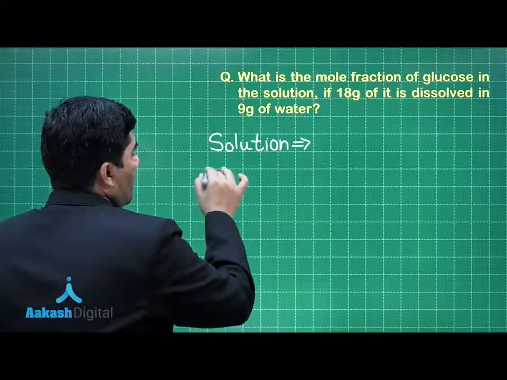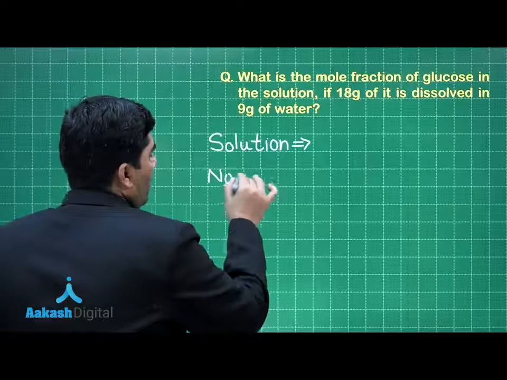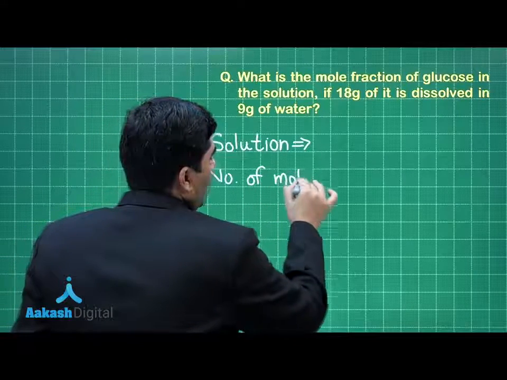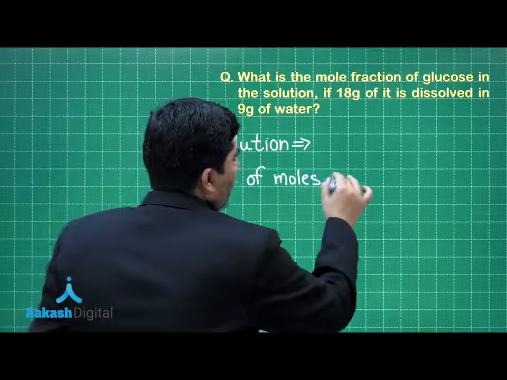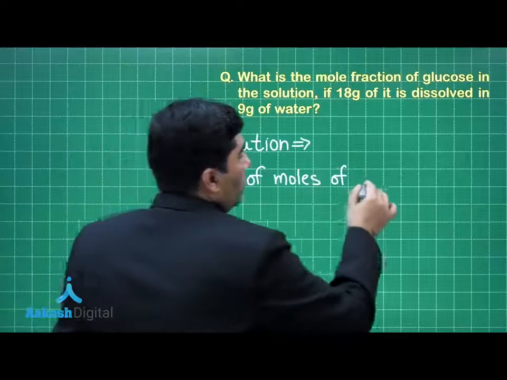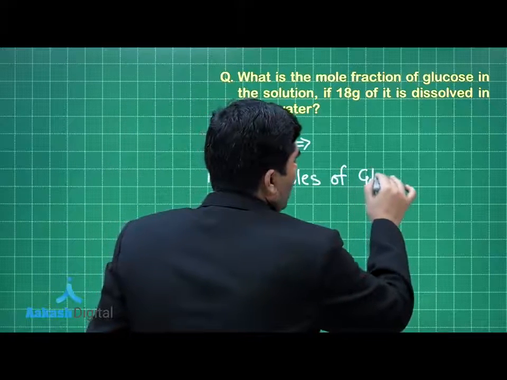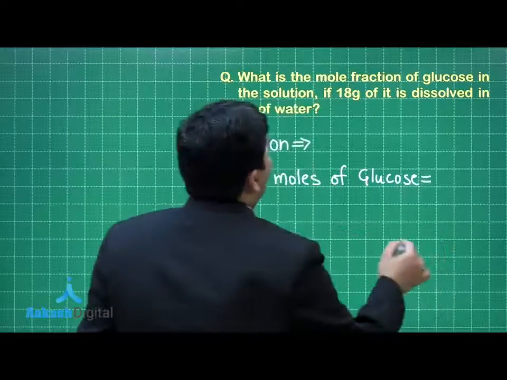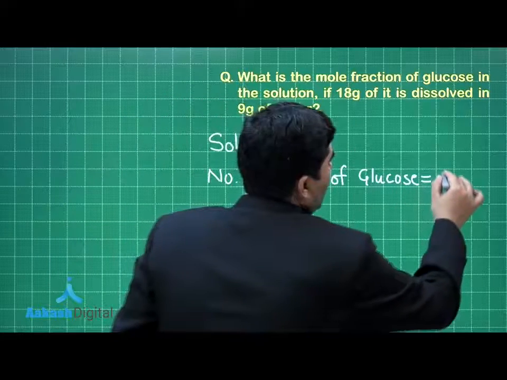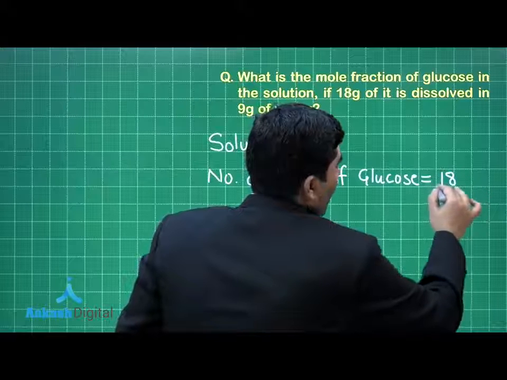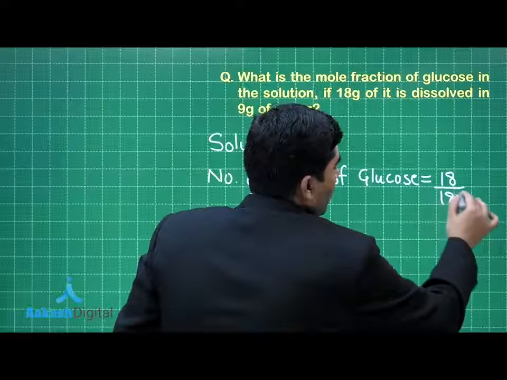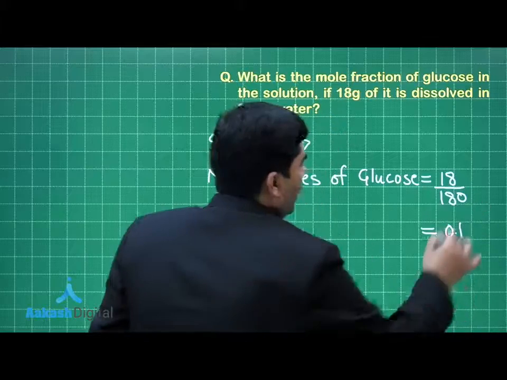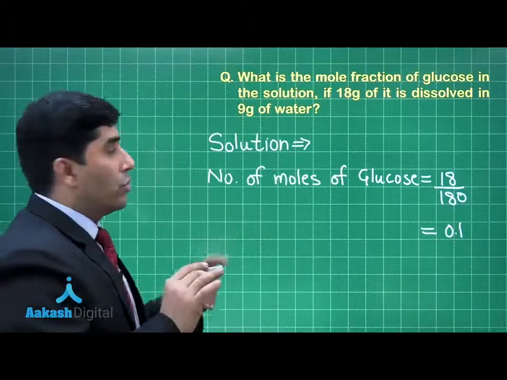The number of moles of glucose will be equal to its given weight, 18, divided by the molar mass, 180, and that is equal to 0.1. So this is the number of moles of glucose, that is the solute.